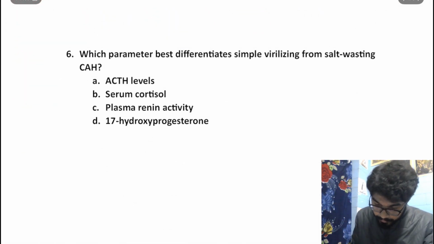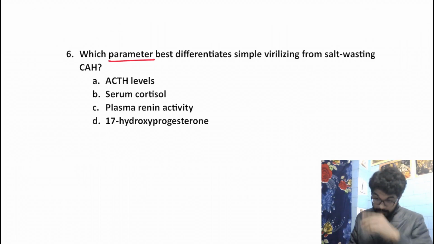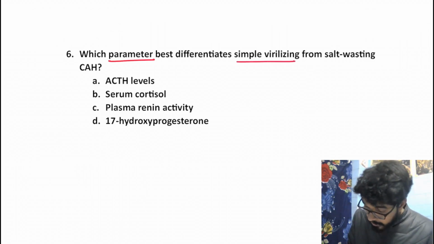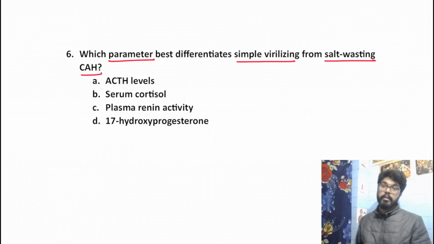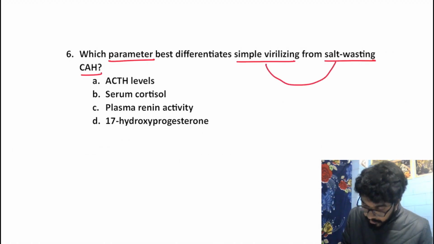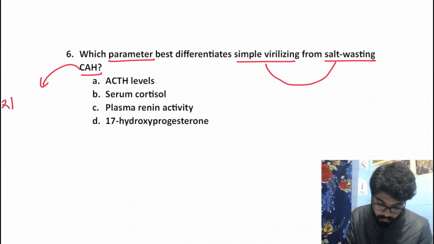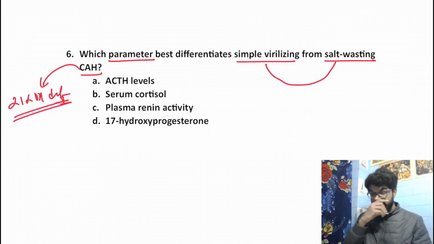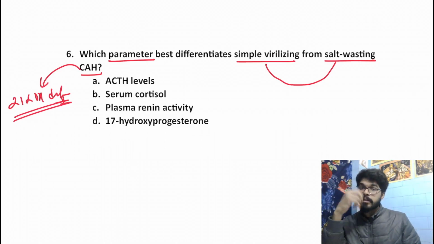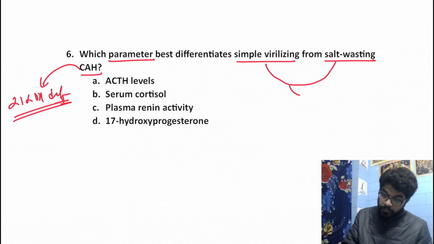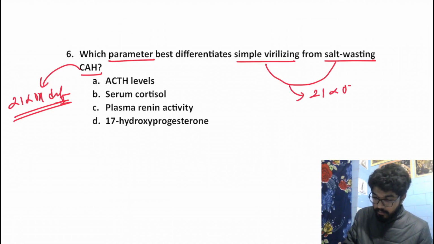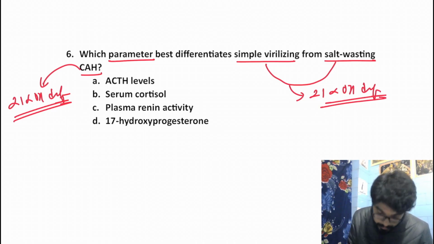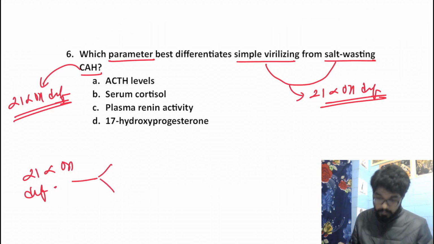Which parameter differentiates simple virilizing from salt wasting CAH? Remember that whenever only CAH is mentioned, it is almost always 21 alpha hydroxylase deficiency. Now 21 alpha hydroxylase deficiency can present as 2 forms.